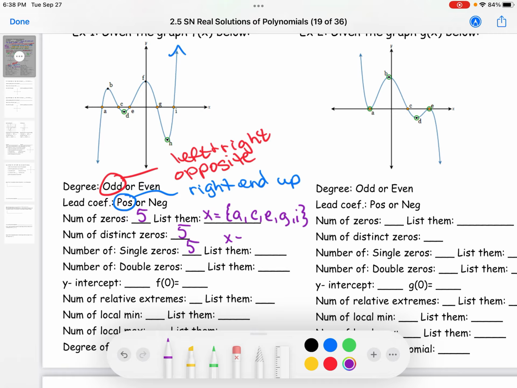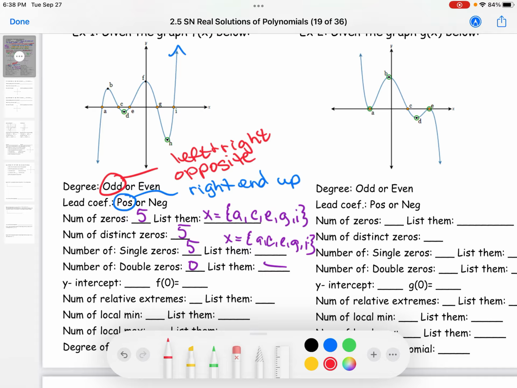So all 5 of these happen to be single zeros. So A, C, E, G, and I are all single zeros. Okay, there's no double zeros, and that takes care of all the zeros here.